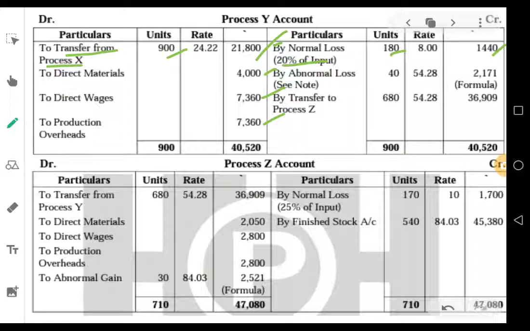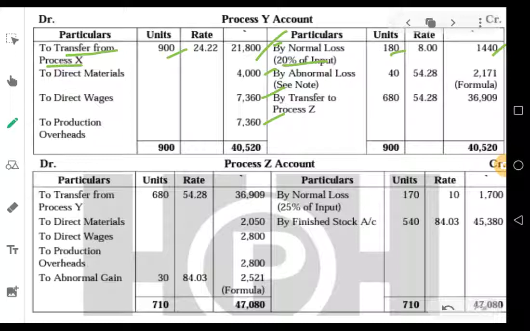To verify if there are any abnormal items, two types of abnormal items can be found. Not both, either one of the abnormal items can be found in any process account. One is abnormal loss, the other is abnormal gain. To see if it has any abnormal loss or gain, you should compare.